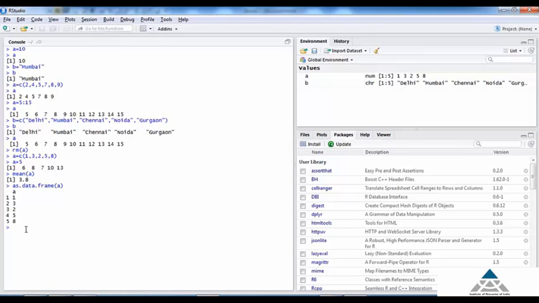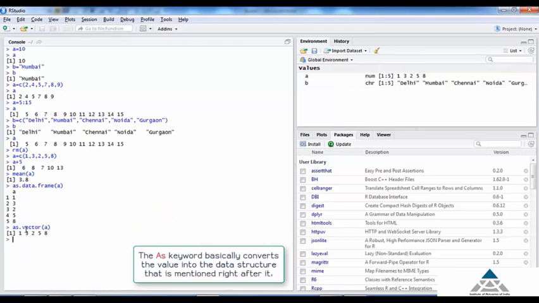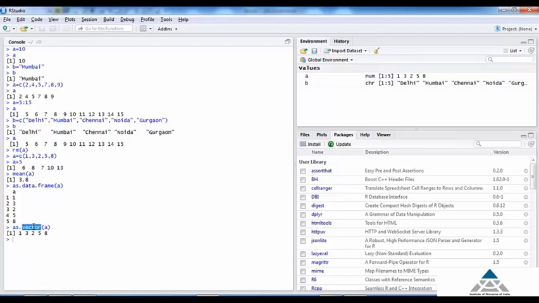To convert A back to the vector form again, we write as.vector and put A in brackets. The as keyword basically converts the value into the data structure that is mentioned right after it. Like we saw here, when we wrote as.vector, A got converted into a vector, and when we had mentioned as.data.frame, then A was displayed as a matrix.